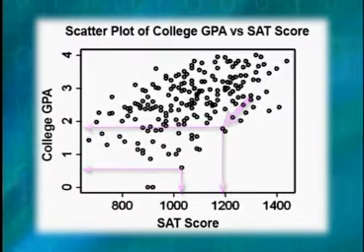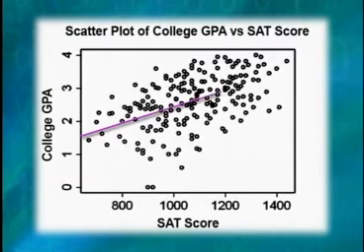And this scatter gives you a sense of the extent to which a change in the SAT score is correlated with a change in the grade point average. And in fact, we can summarize that in a helpful way by drawing a straight line that tries to capture the extent to which the direction that those 2 things are going.